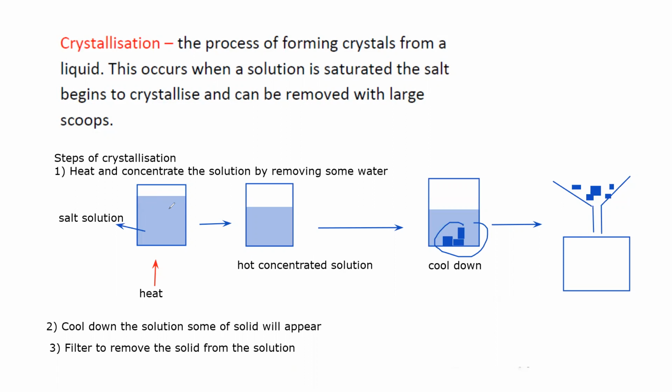But when we remove the amount of the solvent, and as it cools down, the solid will appear, because this amount of solvent cannot dissolve too much solute. So that solid will crystallize and it will appear in the container. We call this technique crystallization.